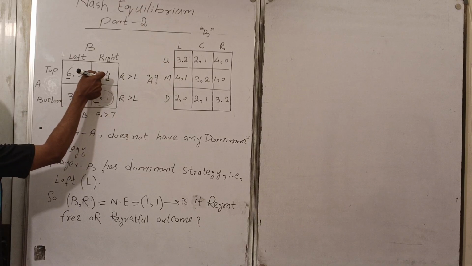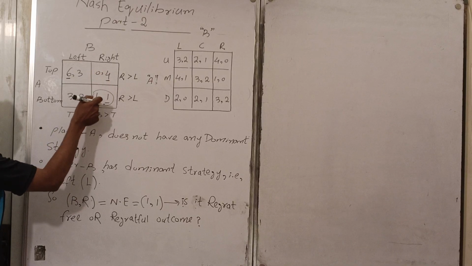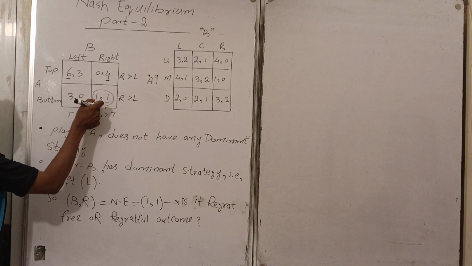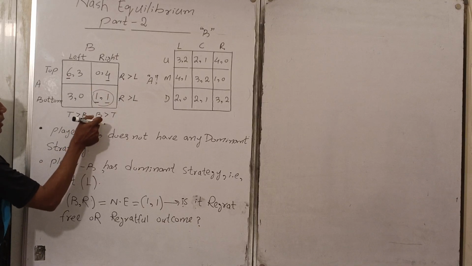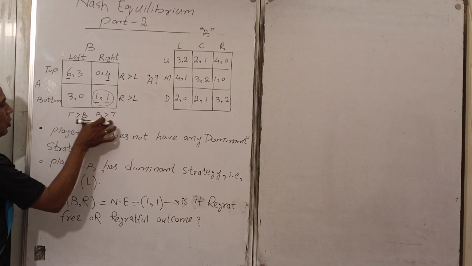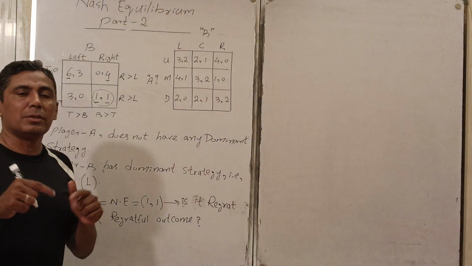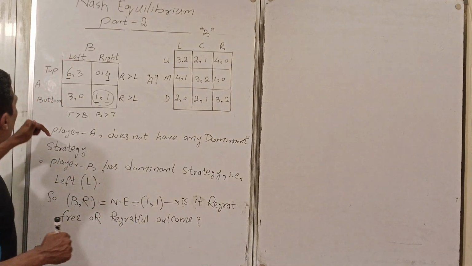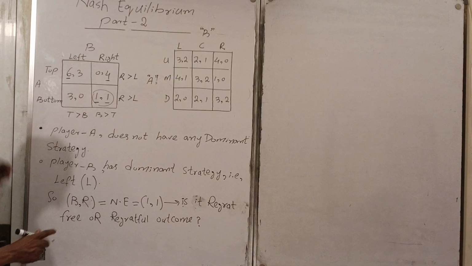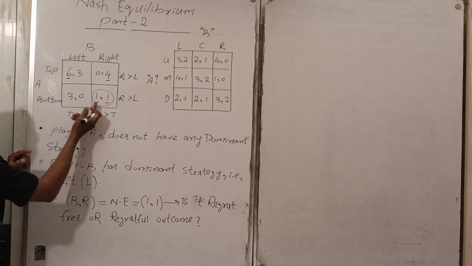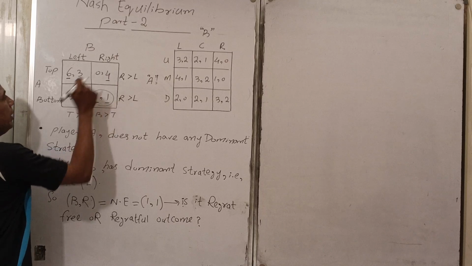And now here we discuss either top or bottom. On the basis of these outcomes, bottom is better than top. That's why there is no dominant strategy. So whenever we compare the results and outcomes for A, we compare these values, not this one, right? Not this one. So there is no incentive for A to move here.